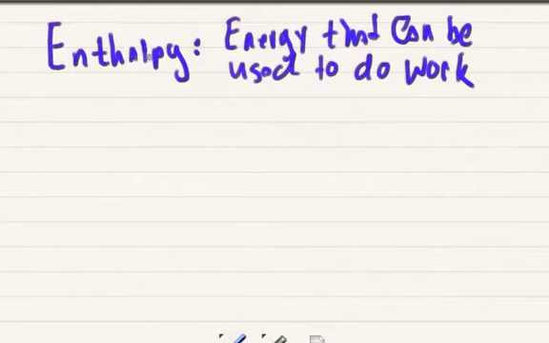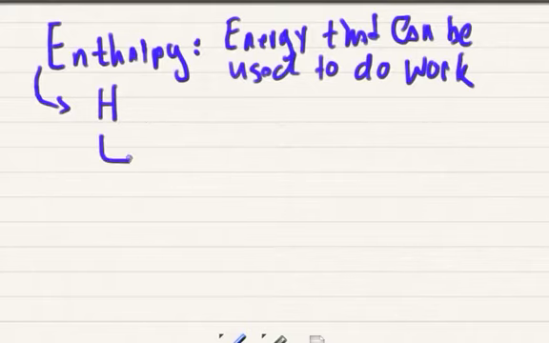And when we talk about the mathematics of enthalpy, the symbol for enthalpy is H. That tends to be the common symbol for enthalpy when you see it used in chemistry and thermodynamics and all that. And we'll actually be talking about thermodynamics, or I'll be linking you to a series of videos that I've already done on thermodynamics.